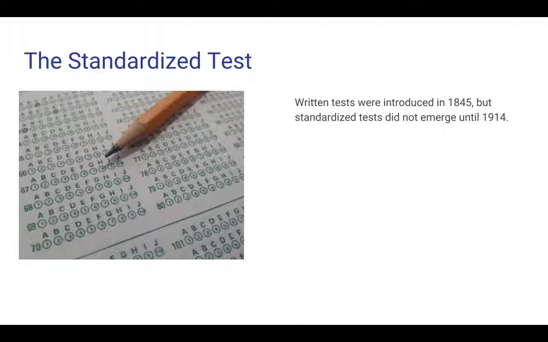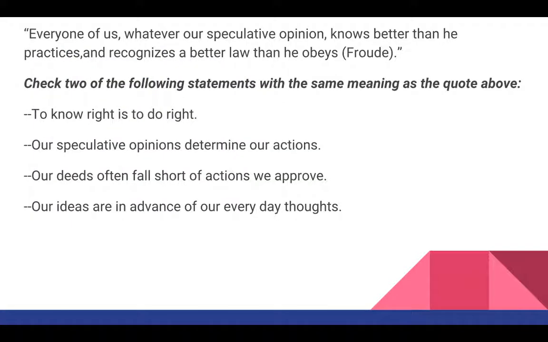So for instance, what I've put up on the screen right now is an item from an undated, but probably somewhere around the 1920s, intelligence test that was developed by Louis Leon Thurstone, which was distributed in the United States.